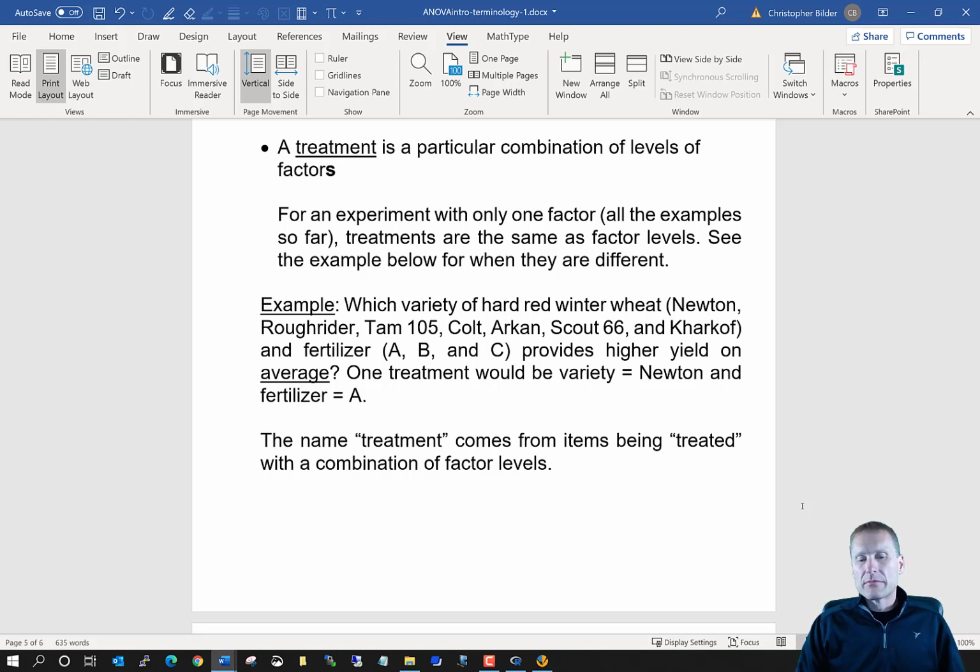For example, which variety of hard red winter wheat and fertilizer provides the highest yield on average? One treatment would be if we apply fertilizer A to a particular plot of land and also plant the Newton variety there. That would be one treatment. The name treatment comes about from items being treated with a combination of factor levels, which makes more sense typically in an agricultural setting.